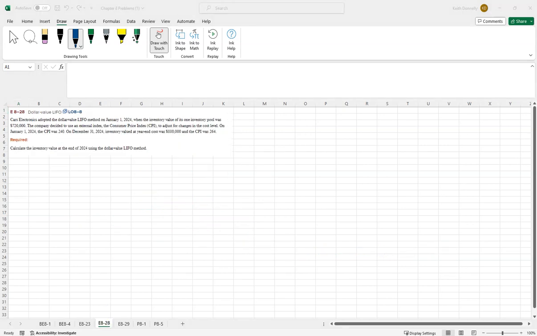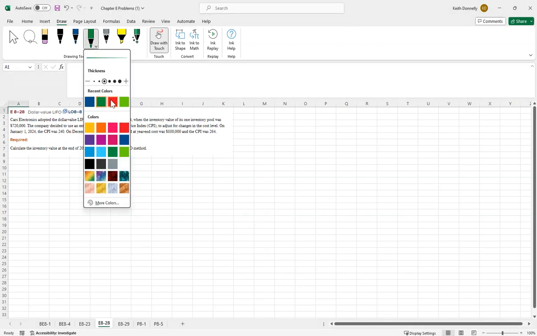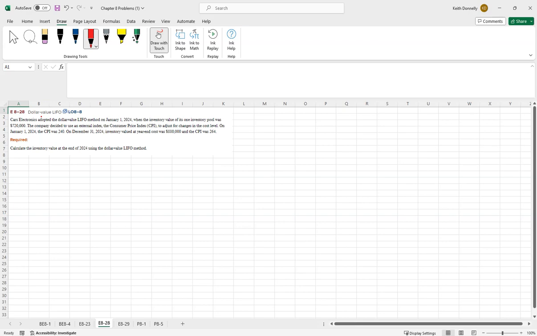All right, let's move on to the next item. They're giving us some information. We've got Cars Electronics, which adopted dollar value LIFO on January 1st when the inventory value of one of its inventory pools was $720,000.